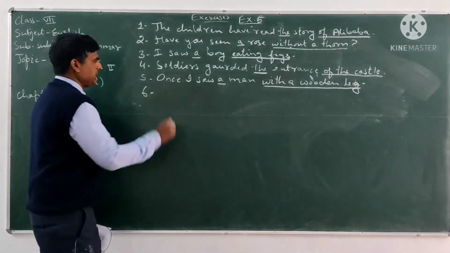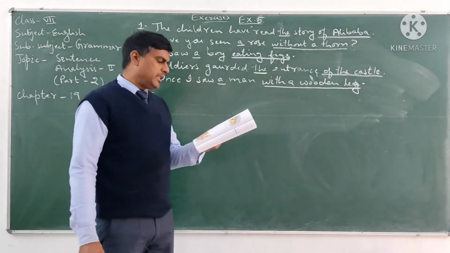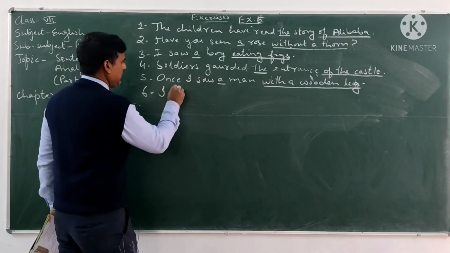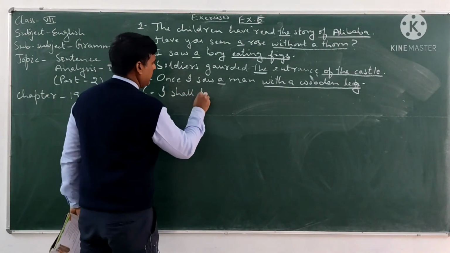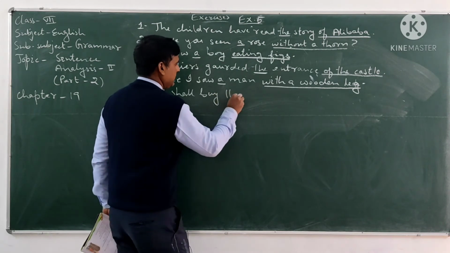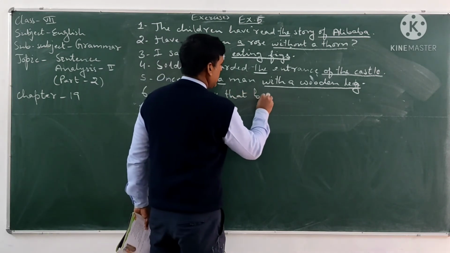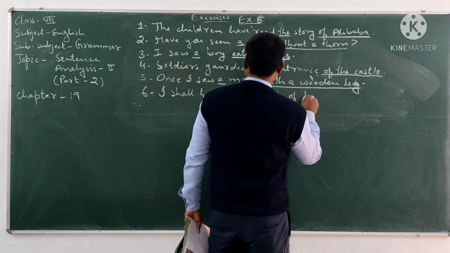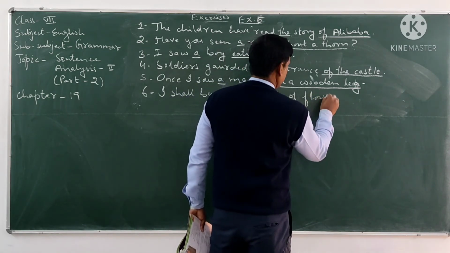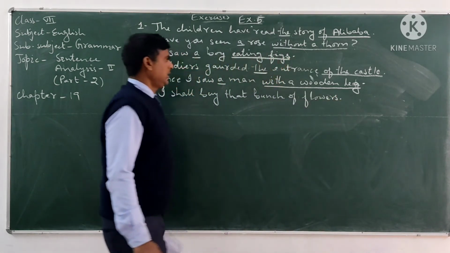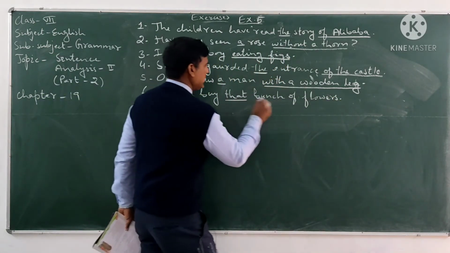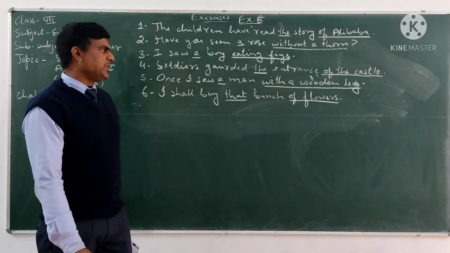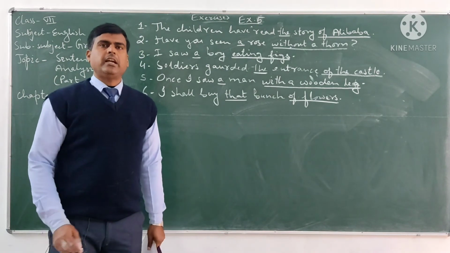Now see sentence number 6. Sentence number 6 is, I shall buy that bunch of flowers. In this sentence, that and of flowers are the enlargement of object. Here bunch is the object.